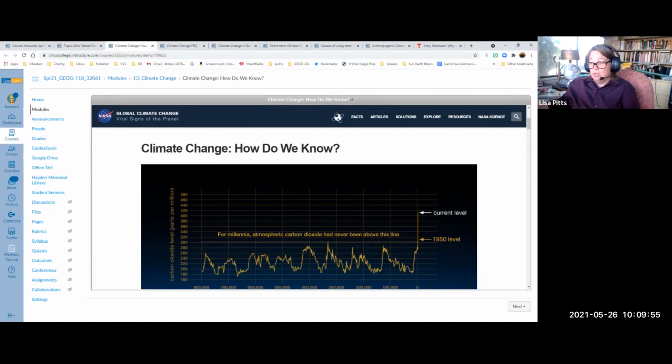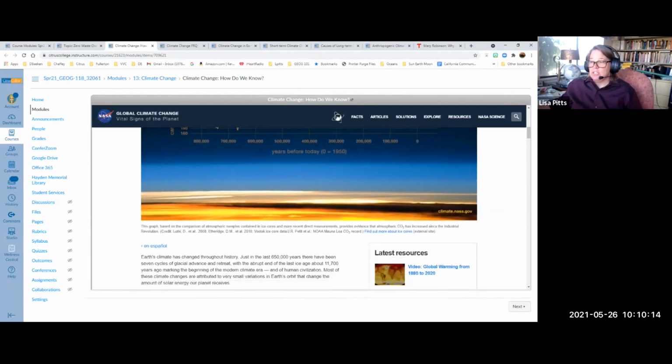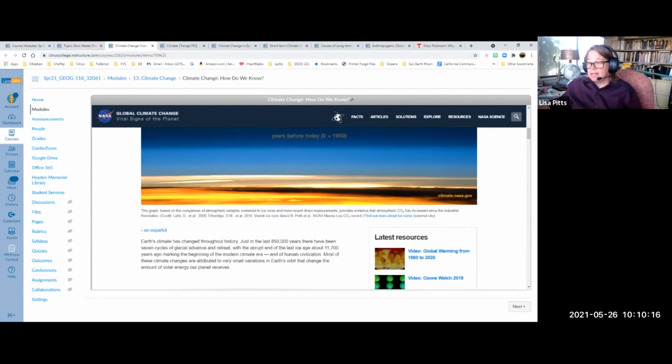Looking at a graph such as this one, how do we know that the climate is changing? This is looking at carbon dioxide levels, and you can see this is where it was in 1950, and this is where it is now. It looks like the carbon dioxide level is going up, right? And it explains what's going on.